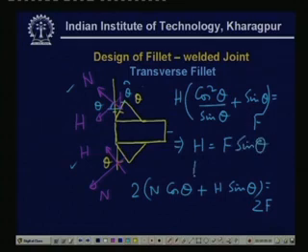Now, N is given by the same formula, that is N by H is equal to cosine theta by sin theta. Therefore, N is F cosine theta. So, these are solved.